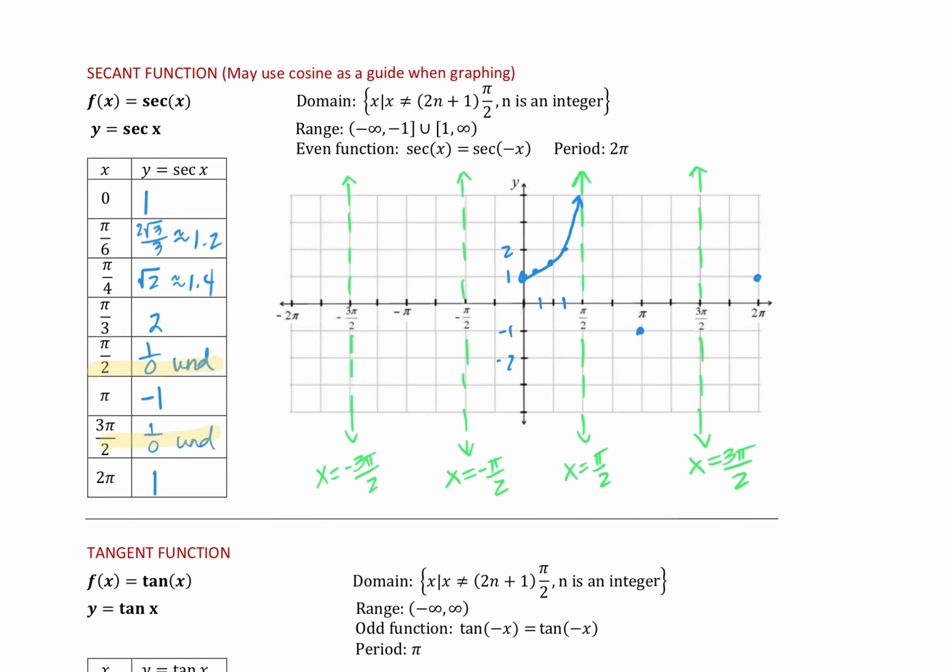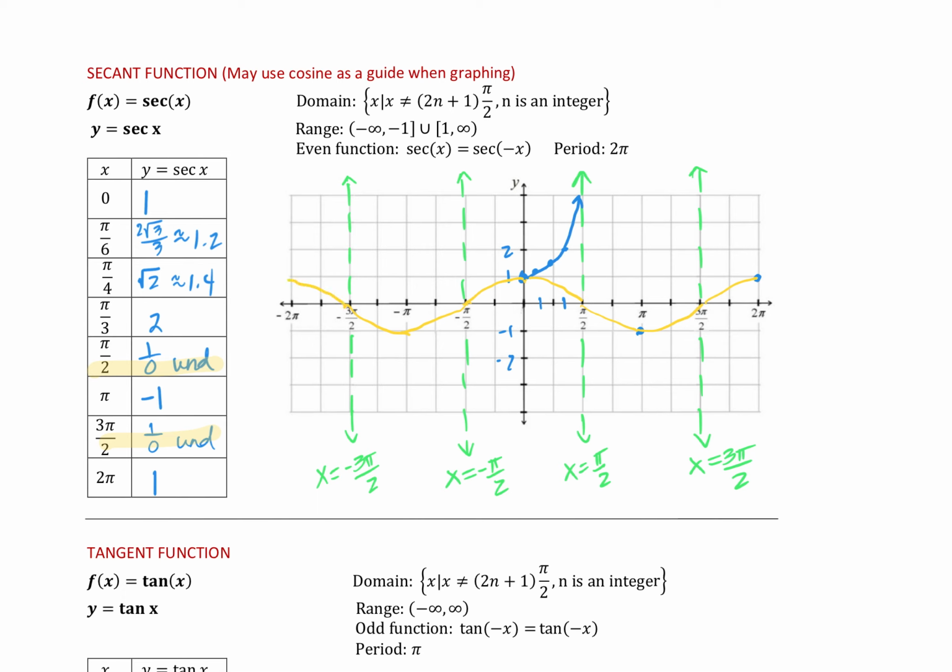So instead of getting a lot of points to fill it in, we already know the pattern, so we're pretty sure what it's going to look like. What we could do is just graph cosine. Cosine starts at 1, goes down to 0, -1, 0, +1. On the negative side, we go down to 0, -1, 0, +1.